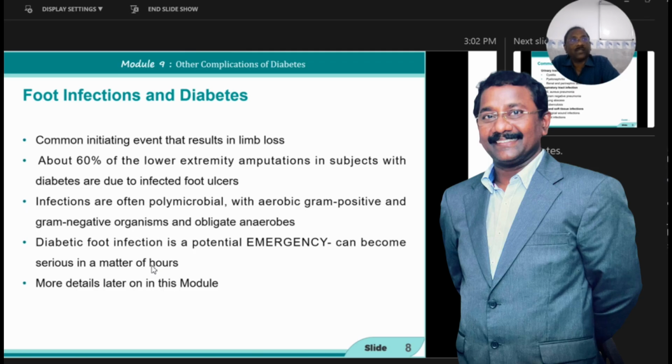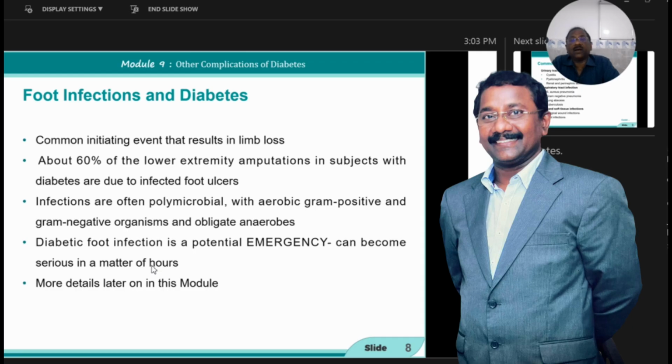Uncontrolled diabetic individuals, alcoholics, those with peripheral neuropathy, etc. The 10 gram monofilament test should be done in all chronic diabetic individuals to know whether the foot is at risk or not. When the foot is at risk, proper footwear is very important, and debridements are very important, and offloading is very important. Otherwise, these people are going to lose the limbs, leading to amputations.